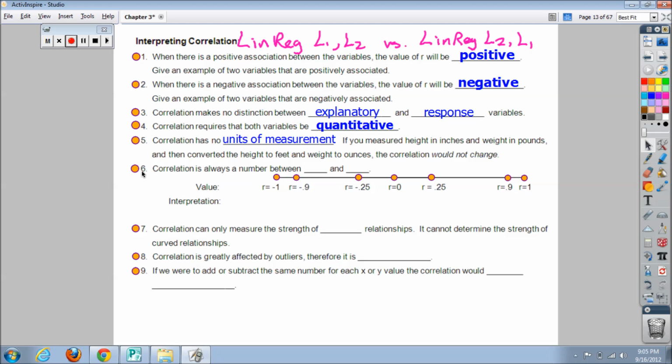Now, we've mentioned before, correlation is between -1 and 1. Here are some examples. This isn't set in stone, but at -1 you'd have a perfect negative line, and all the way at +1 you'd have a perfect positive line. All of your data would line up perfectly to make a straight line.